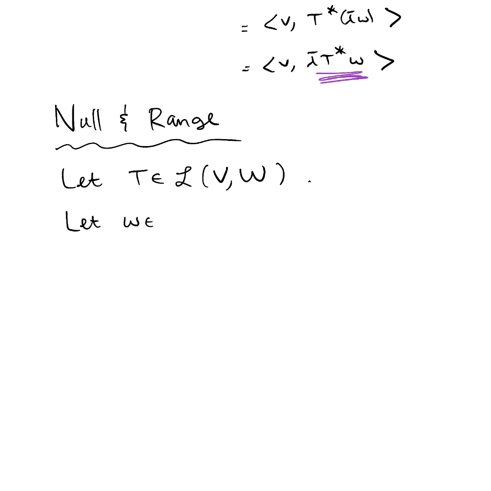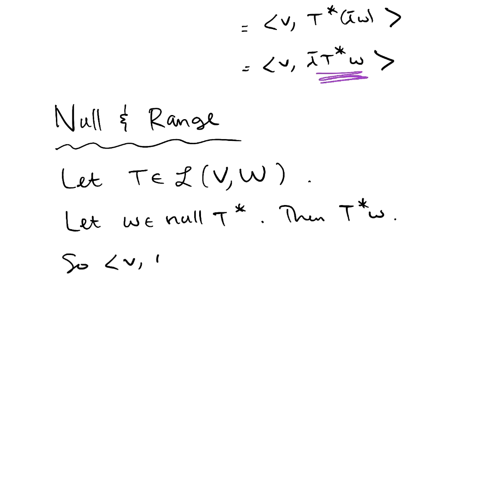So say you have little w that belongs to the null space of the adjoint. Okay, so little w is on the right side of this picture, and T star sends it right to left to 0. Fantastic.